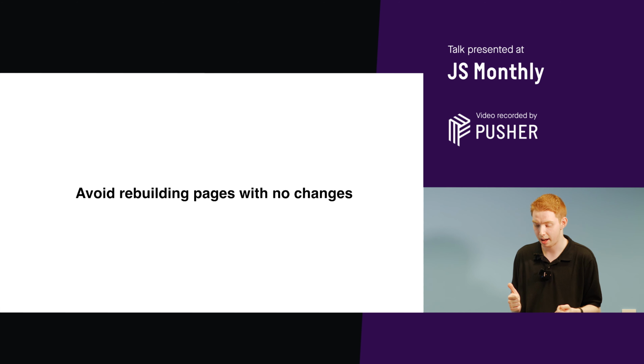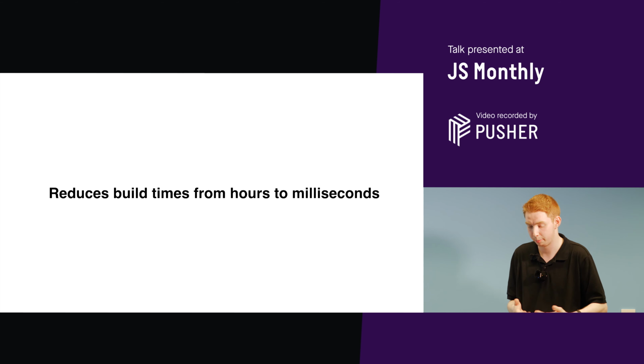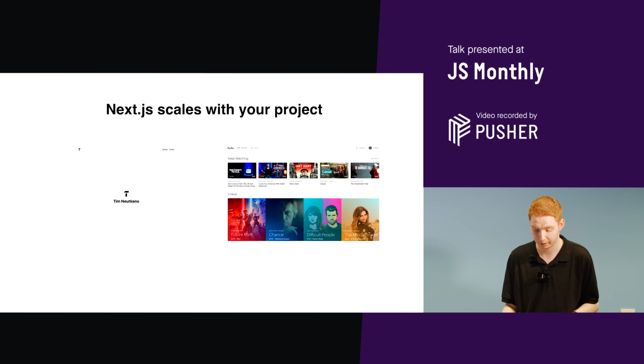So say you have a header component that is in half of your application, then it will only recompile that half of your application, not the rest of it. So it will cut your build times in half, but in most cases you're not changing the header all the time, right? You're changing certain pages. And that will just bring down your build times to like 10 to 20 seconds in most cases. And it reduces your build times from hours to milliseconds, basically, right? This is still in the works and it's not out yet, but it's something that we're actively working on.